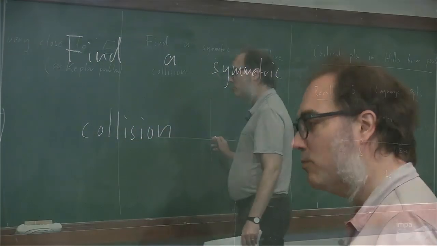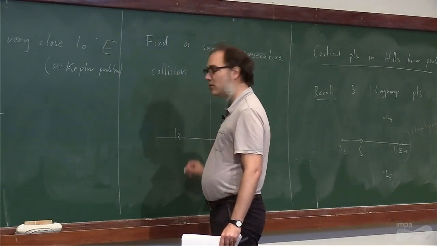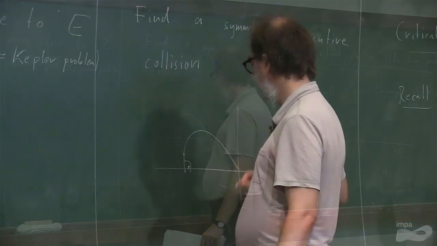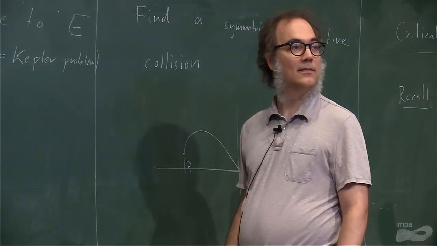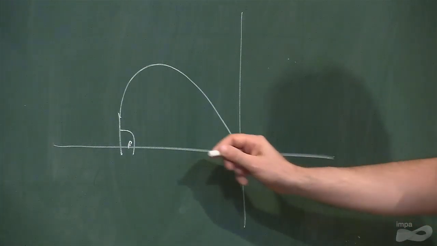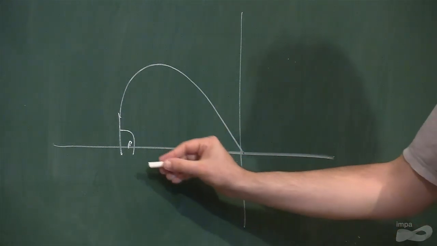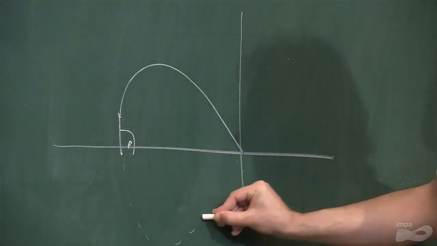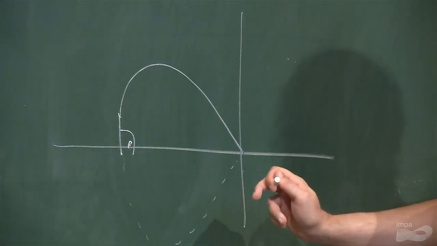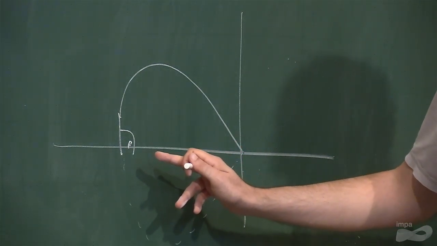Namely, if we move, then there will be a point when we shoot here, we will get something like this. And why is this a symmetric consecutive collision? Everything is invariant under the reflection at the y-axis, so you could reflect this to get a consecutive collision orbit, which is symmetric. So this is the present Birkhoff gives us in his proof.